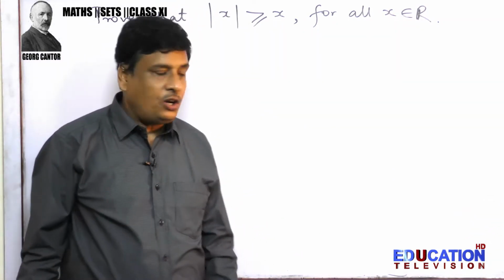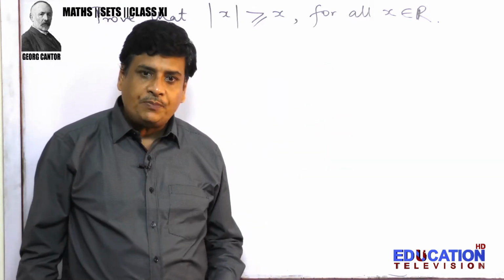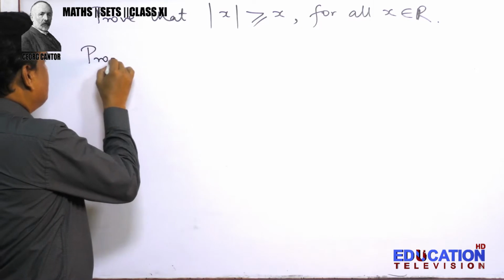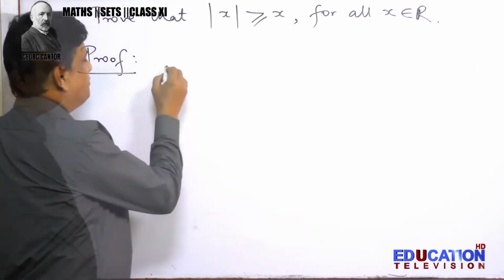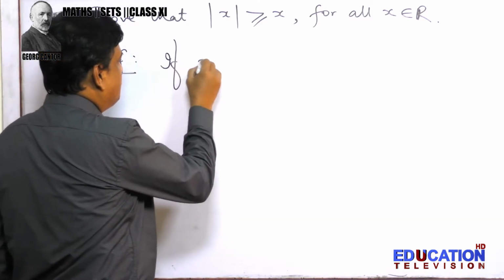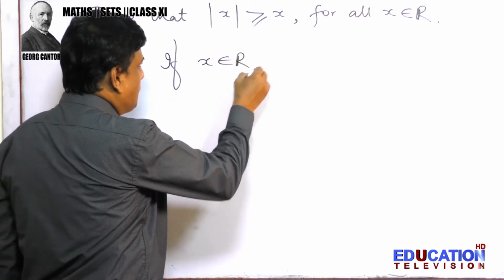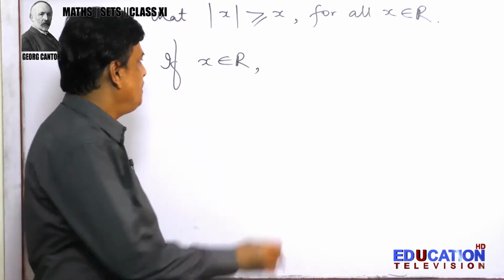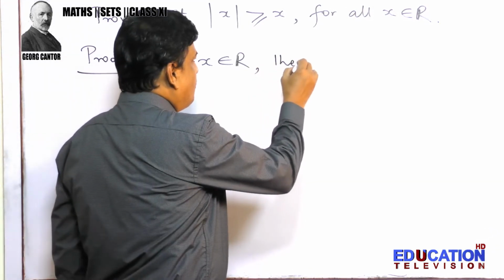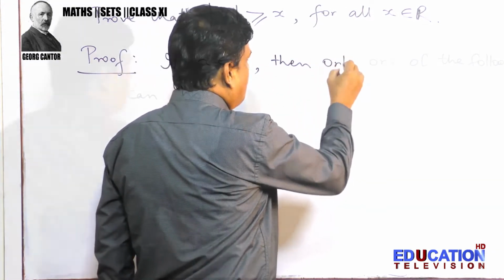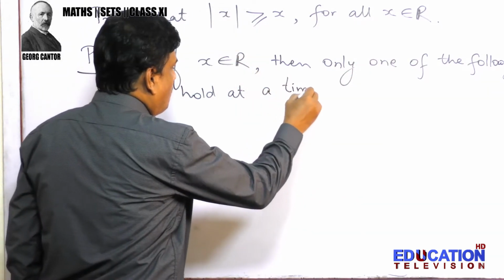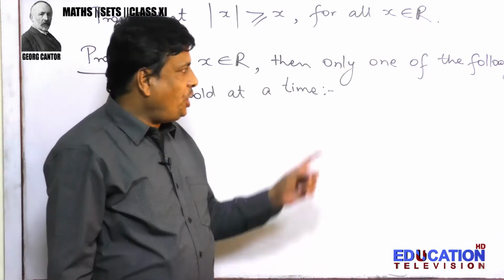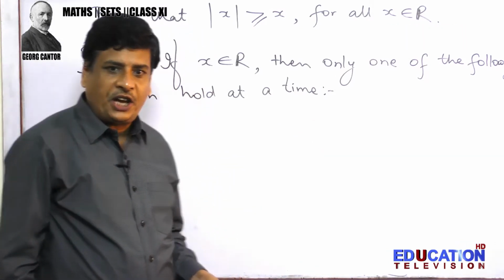Modulus x is greater or equal to x for all x belonging to R. If x belongs to R, if x is a real number, then only one of the following can hold at a time.